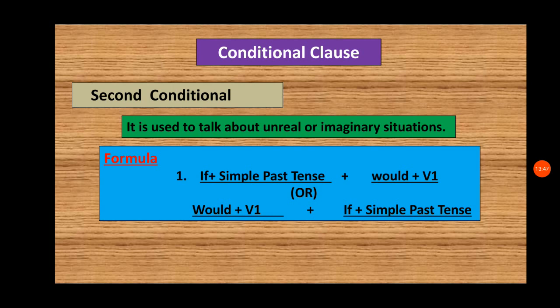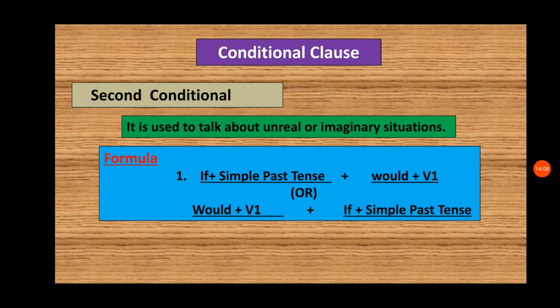The third type is second conditional. What is second conditional? It is used to talk about unreal or imaginary conditions, improbable conditions. It is impossible to happen.